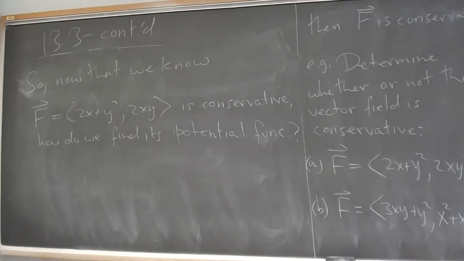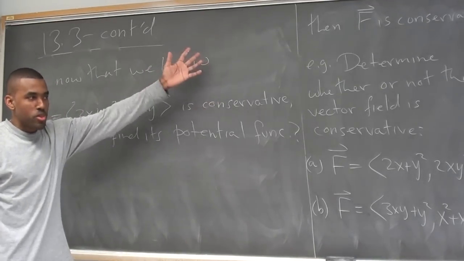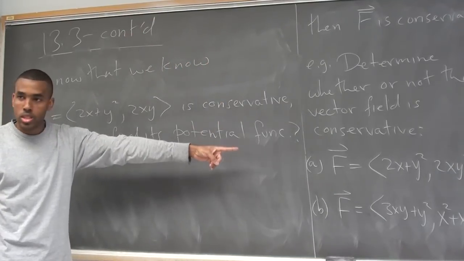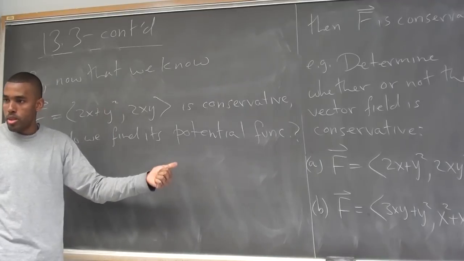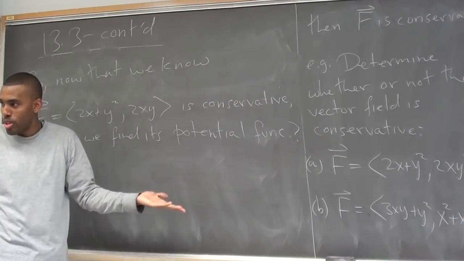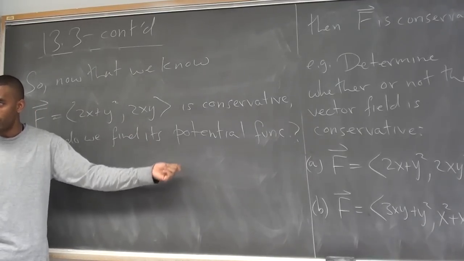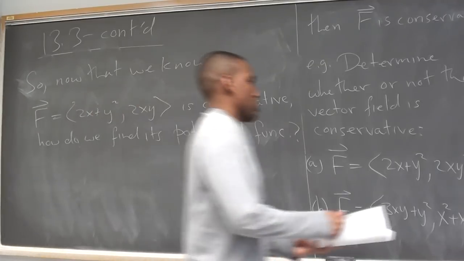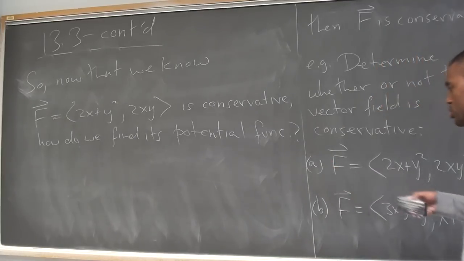That's the question. So it's conservative, which means there exists a function somewhere where if I take the gradient of that function, I will get that vector field. The question is, how do I find that function? Because if I want to apply the fundamental theorem for line integrals, I have to know what the function is. The right side of the equation says plug into the potential function. Well, I need to find it to be able to plug in. So now we're going to discuss how you actually discover a potential function once you do the check and you know one exists.